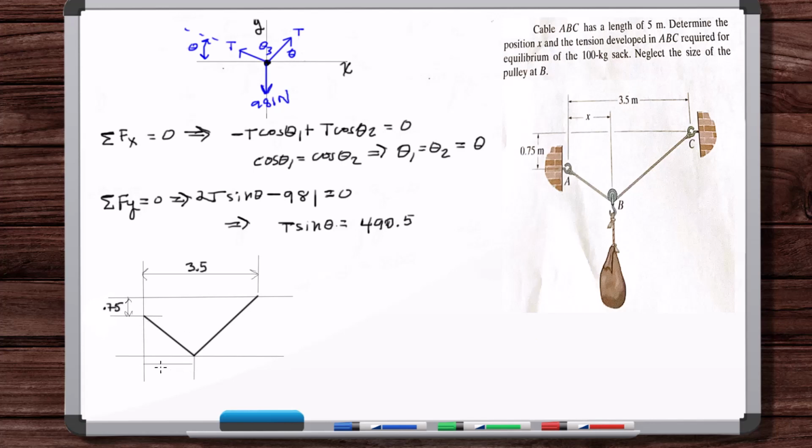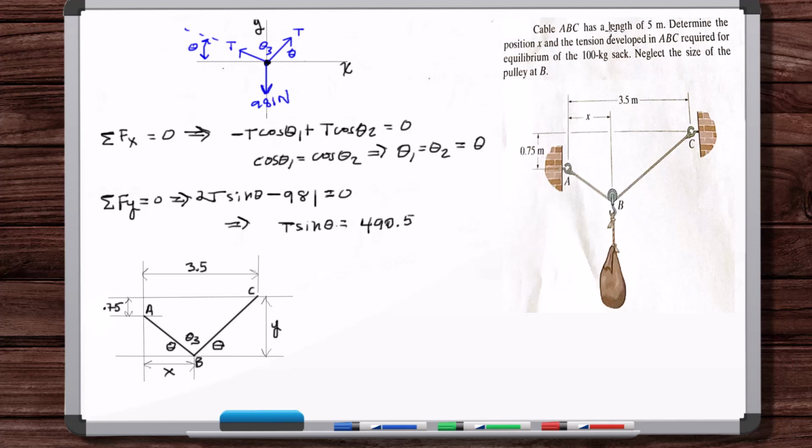We know that this is x. This is theta, and theta 3. And let's call this y. Okay, and this is A, B, C.